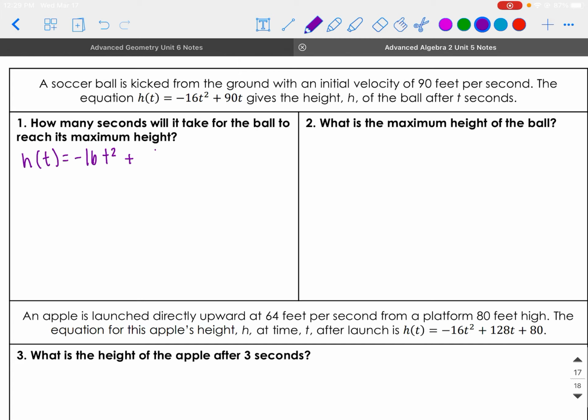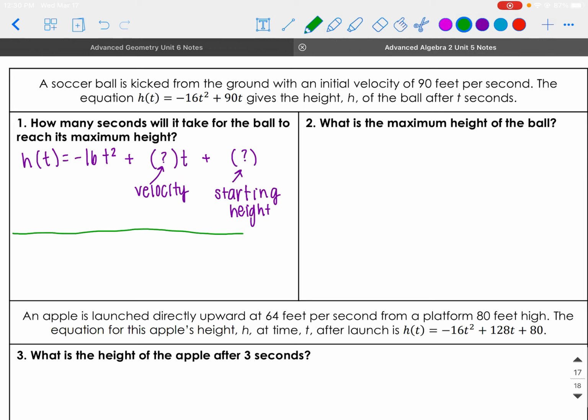Now this number that goes in there, that is your velocity. And then this number, this is your starting height. So like if you were standing on a ledge when you threw the ball, that would make a difference. Okay, so all of your functions are going to be in that format.